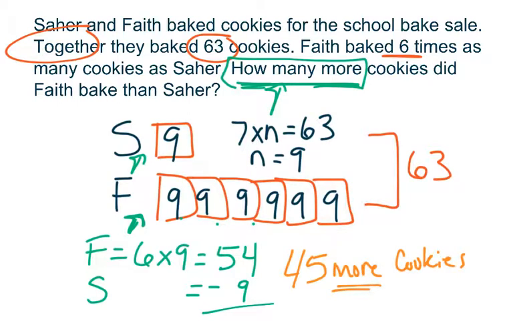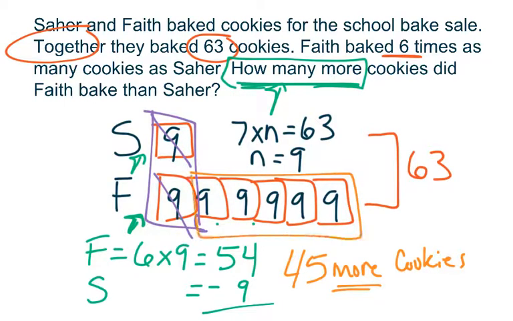Now when I have how many more and I have a model, there's also a little trick that I can do to solve this instead of having to solve for both Faith and Sahar. My model here shows me some overlap. Right here, I see that these two 9s are overlapping. So I can cross them out, and now all I have left is this last piece, which is 1, 2, 3, 4, 5 nines. 9 times 5 is equal to 45.